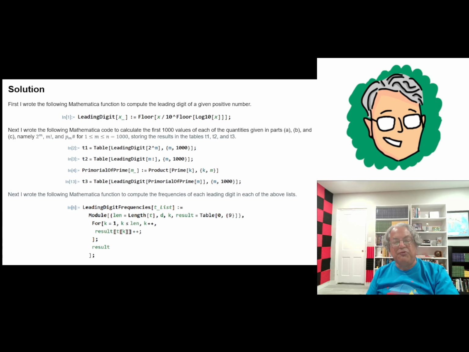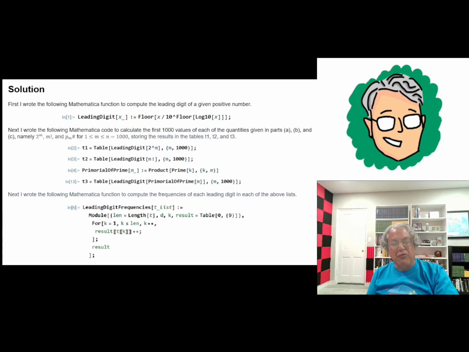But the last one's a little trickier, the primorial of primes. This is what I had to write myself, because I don't think there's a built-in function for calculating primorial. But it's easy enough to do, a one-line function.